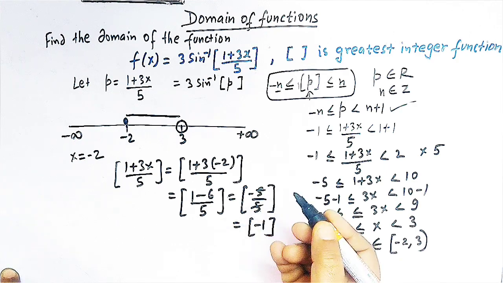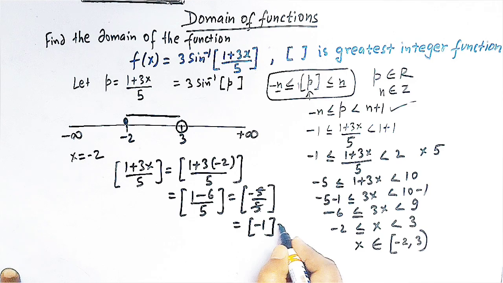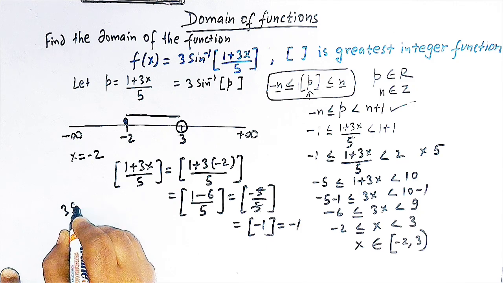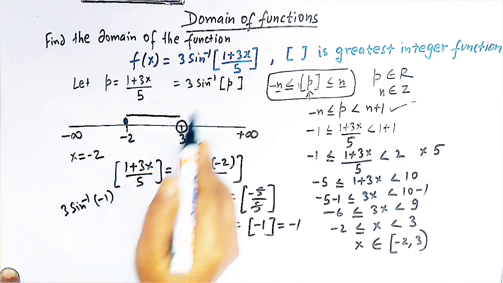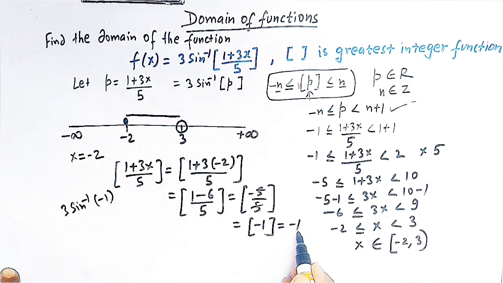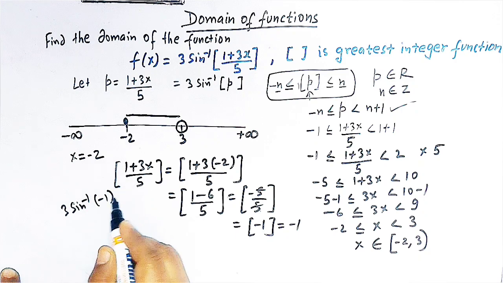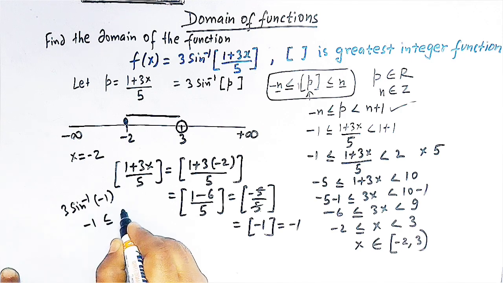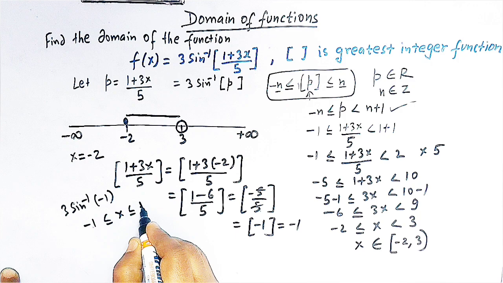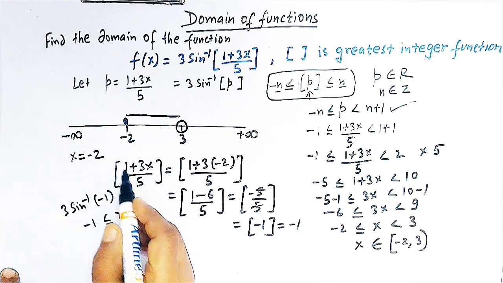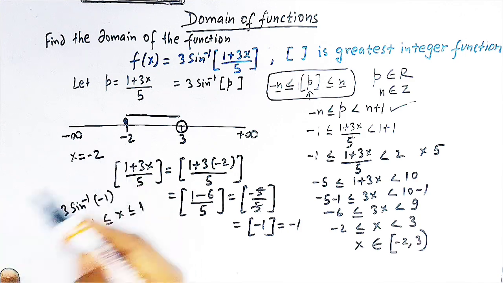So greatest integer of an integer is the integer itself, so we have minus 1, and here we have now 3 times sine inverse of minus 1, because the value of greatest integer of 1 plus 3x over 5 is minus 1 for x is equal to minus 2. And it is perfectly true, because this minus 1 lies in the interval from minus 1 to 1, that is minus 1 is in the domain of sine inverse function, right? So x is equal to minus 2 is verified.